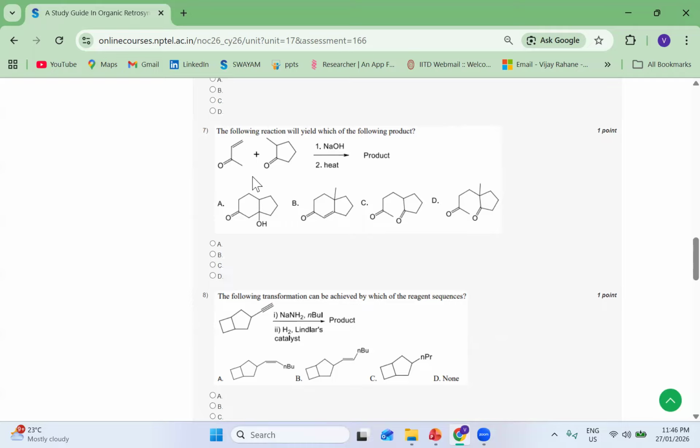You need to work it out to solve this question. Just try the possibilities, the aldol condensation and the Michael addition reaction. That's how you will be able to get the product.